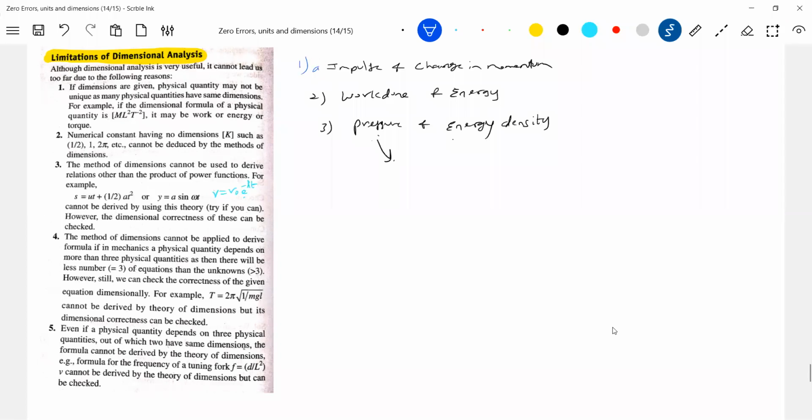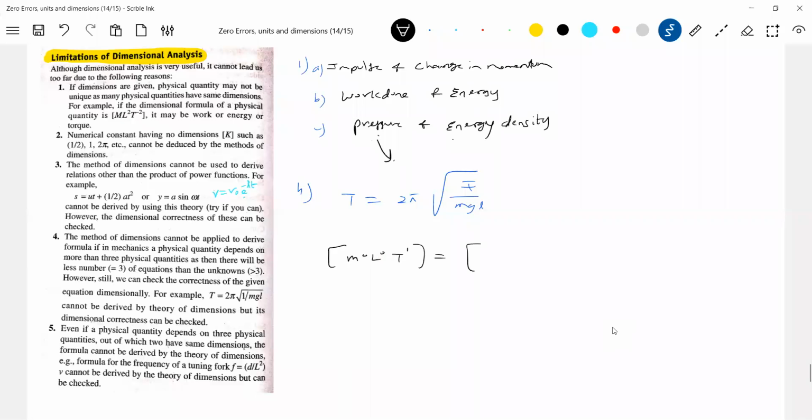Therefore, first one, A, B, C. Now I'm coming to the fourth one. Time period equals 2 pi root of I by mgl. So we know moment of inertia. So let's check only the dimensions part. Okay, this is some dimension.